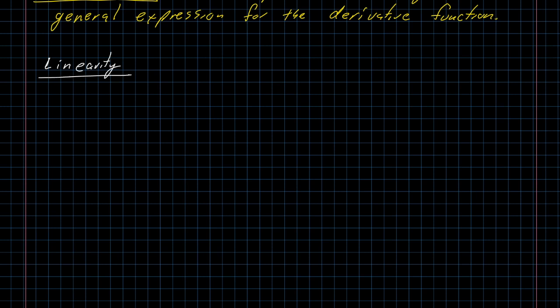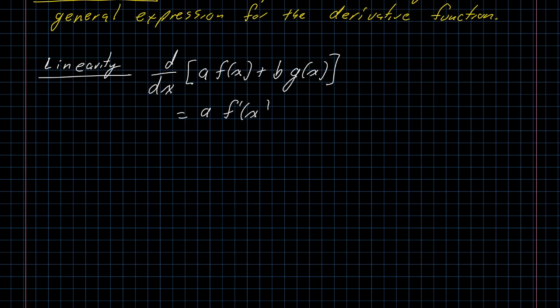Linearity tells us that if we differentiate a linear combination, some constant a times a function f of x plus some other constant b times some other function g of x, we are going to get a times f prime of x plus b times g prime of x.